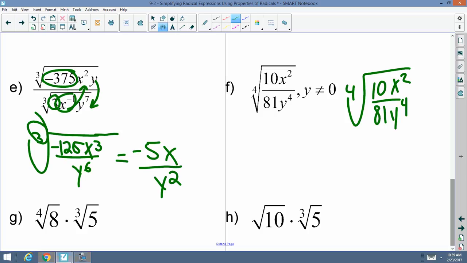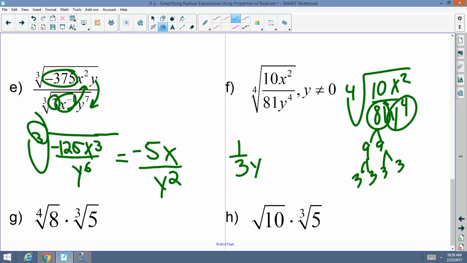However, this 81 is 9 times 9, which is 3 times 3, which is 3 times 3. So I can take out a 1/3. I can take out a y down here in the denominator. And then I will be left with a 10x squared inside the radical.